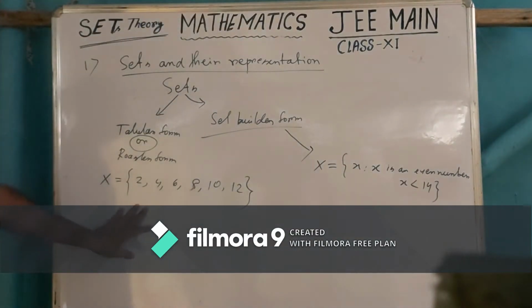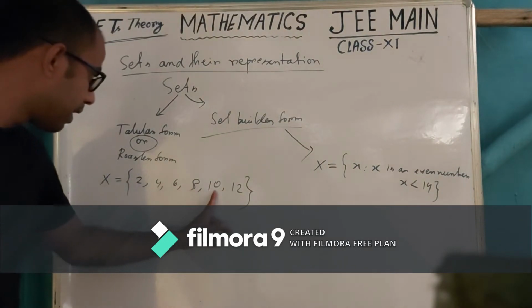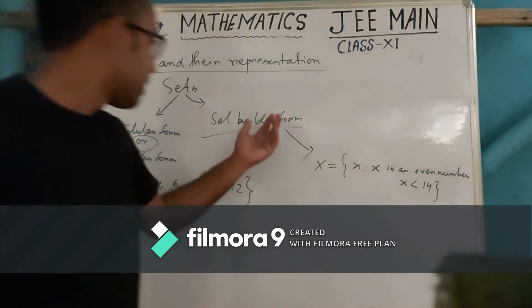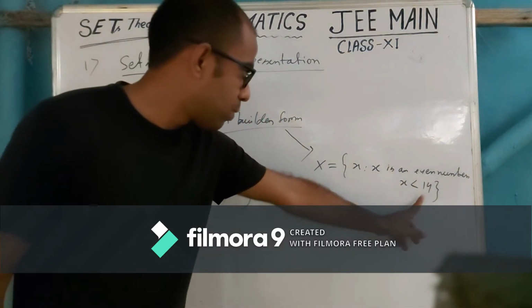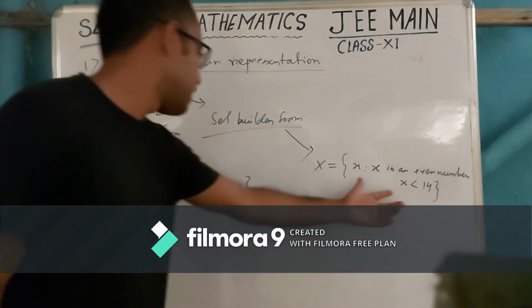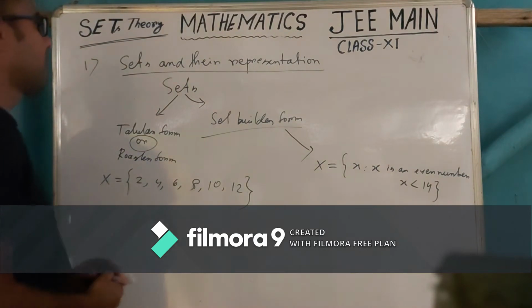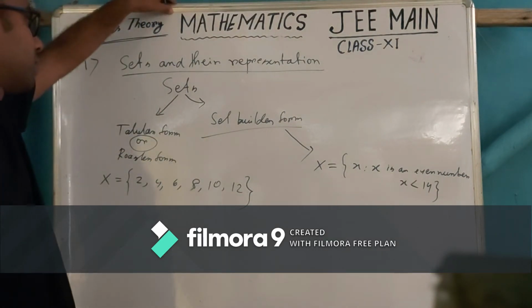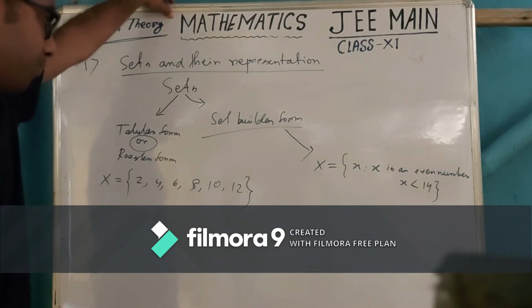Here you see that X is equal to 2, 4, 6, 8, 10, 12, and in set builder form X is equal to {x such that x is an even number less than 40}. This set and this set are the same set. So we see that a set can be represented in two forms: one is the tabular form, another is the set builder form.